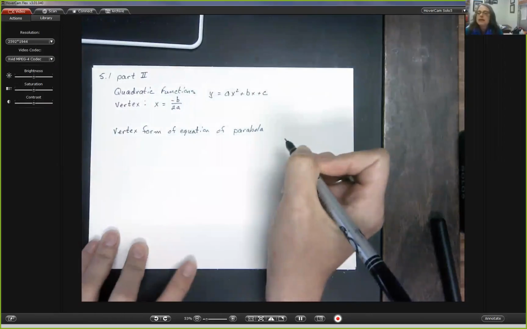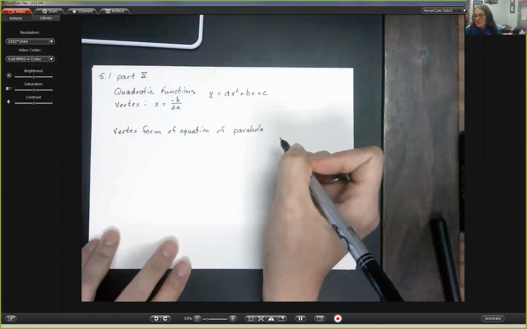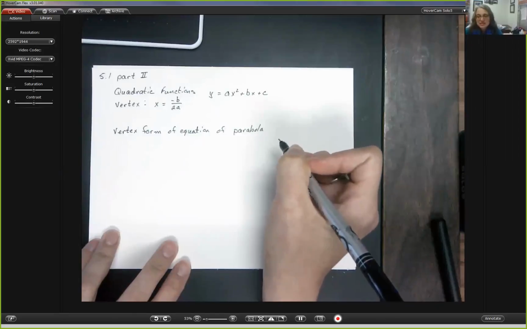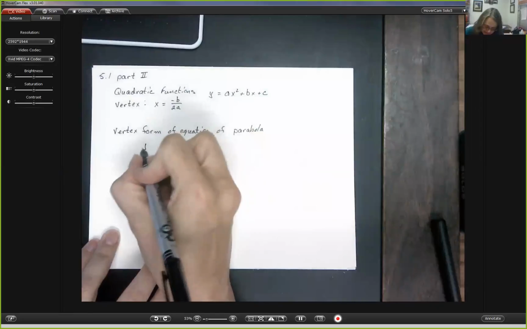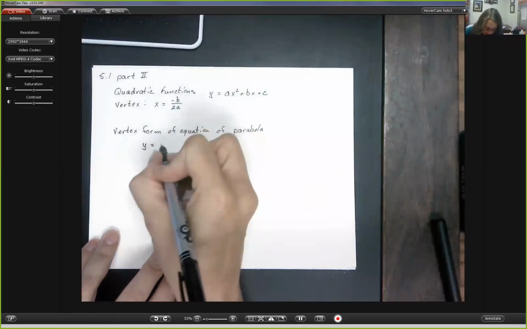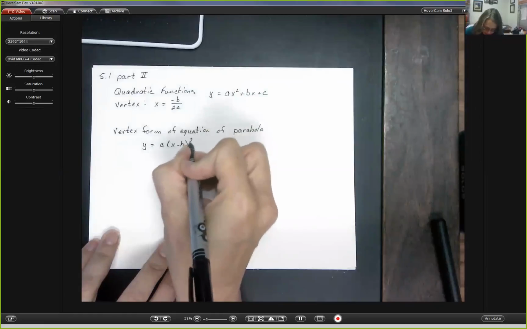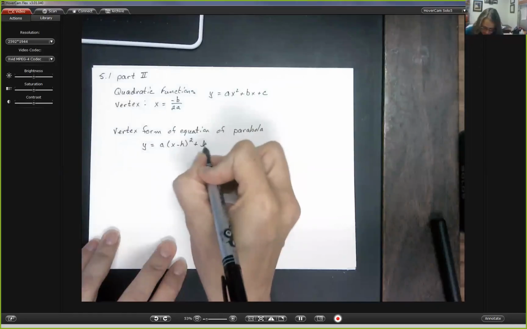If you ever take an analytical geometry class or calculus class, you will sometimes see this called the standard form. What it looks like is this. It says y equals a times x minus h squared plus k.